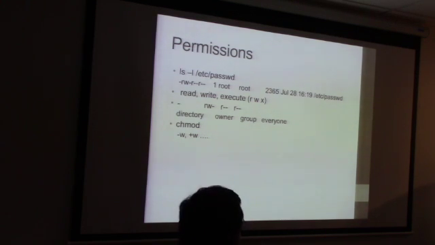Okay, so for example, there are three types of permissions: read permission, write permission, and execute permission. If a file has only read permission, it can only be read. You can't write to it, you can't execute that file, all right? If it has write permission, then you can read and write, but you can't run that file as a program.